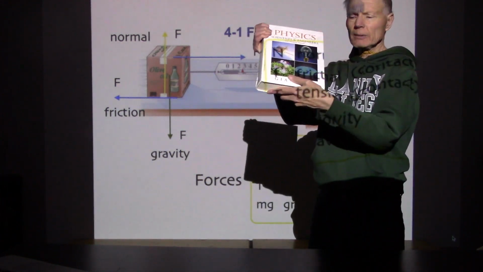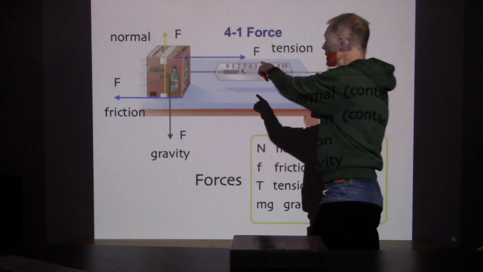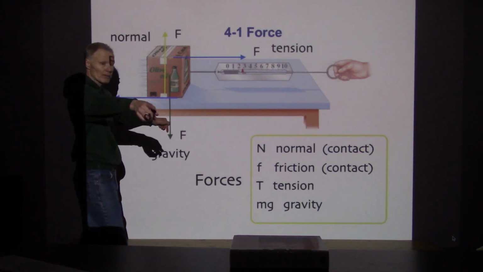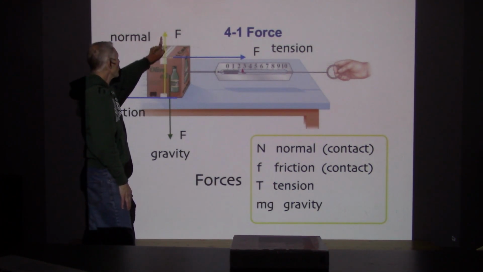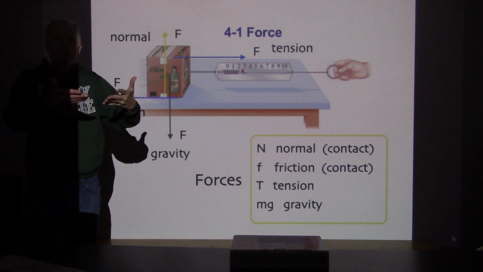So if I have an object and I set it on a table here, it's going to be the same as what we've got going on here. There's a gravitational force pulling down on this textbook, same as on this olive oil. And then there's a normal force pushing upwards. And what will happen is the table will bend just a little bit.